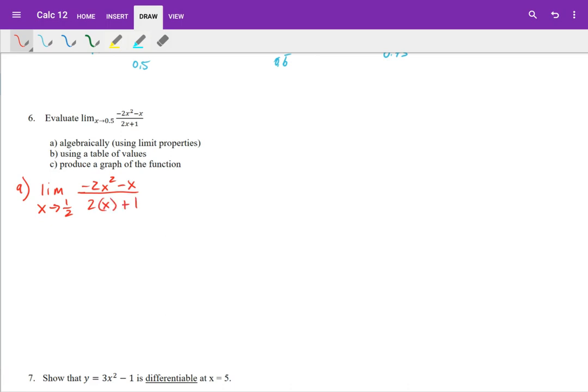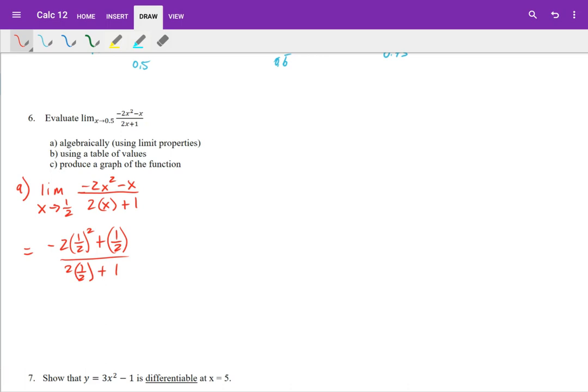It appears that I'm going to get 2 times 1/2 squared plus 1/2 over 2 times 1/2 plus 1.